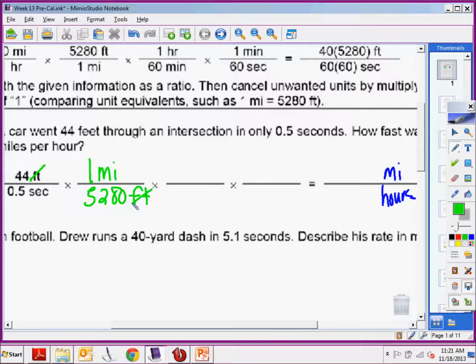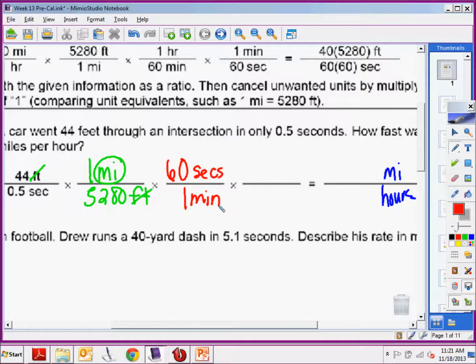All right, so I have miles. Is that what I needed? So I'm done with the numerator. Now I'm going to move to the denominator. On the denominator, I want to go from seconds to hours. How can I go from seconds to hours? There are 60 seconds in 1 minute.